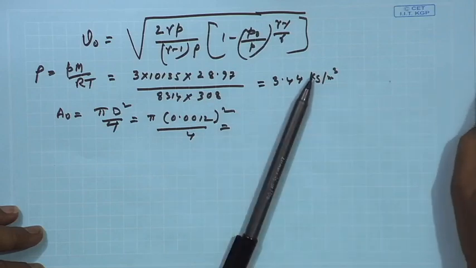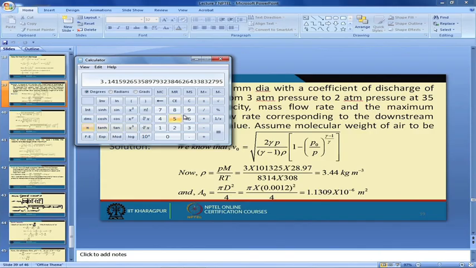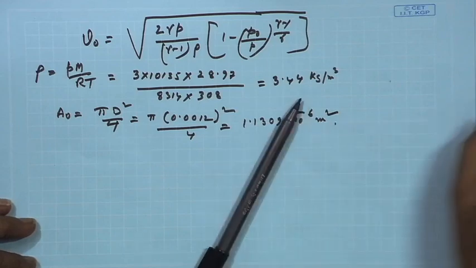This becomes equal to pi into 0.0012 square divided by 4, which is equal to 1.1309 into 10 to the power minus 6 meter square, right?